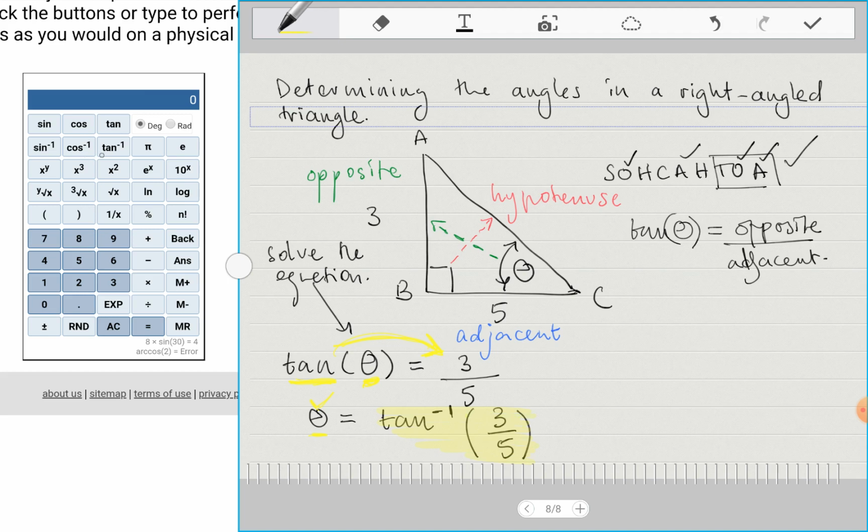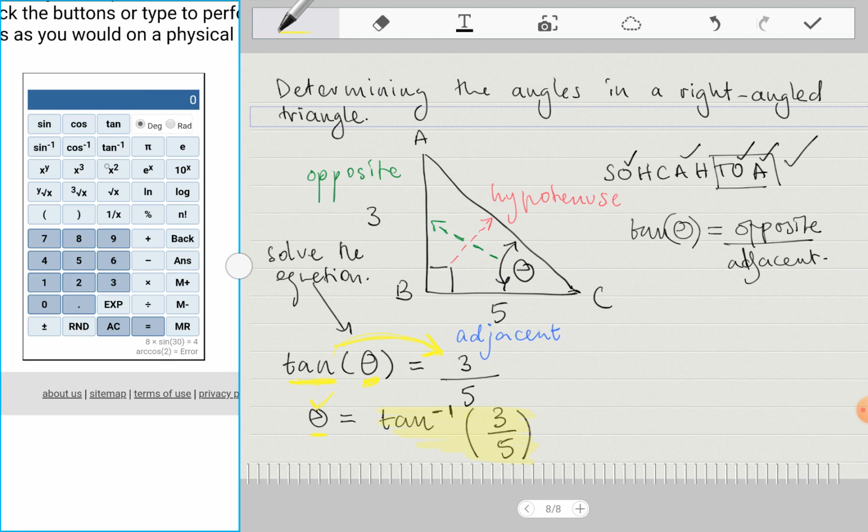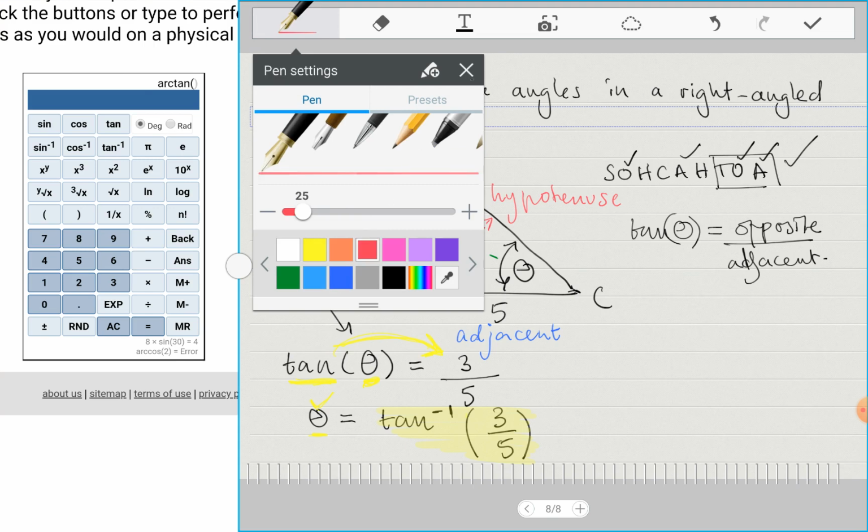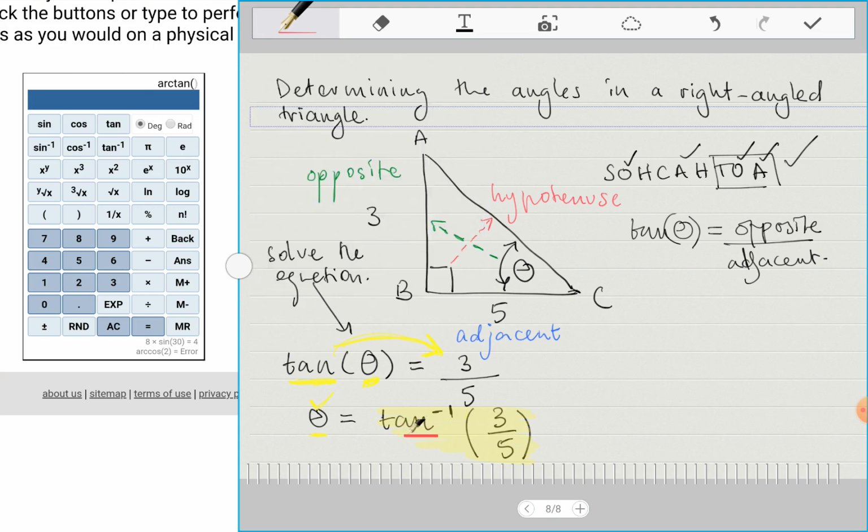If you look carefully on the calculator, you see that arctan has a special sign. It's tan to the -1, and it comes up with arctan. So if we write this for ourselves as a note, it could also sometimes say arctan. They mean the same thing: arctan and tan to the -1.